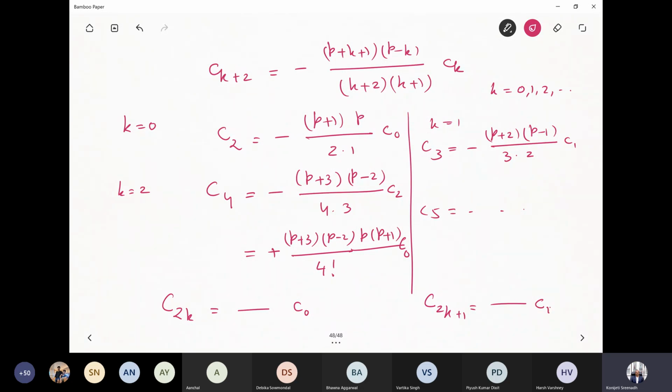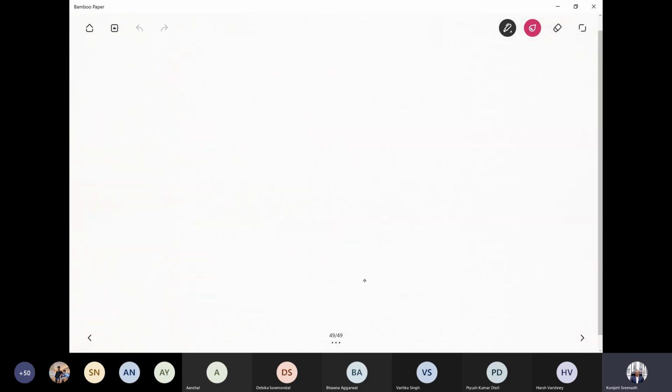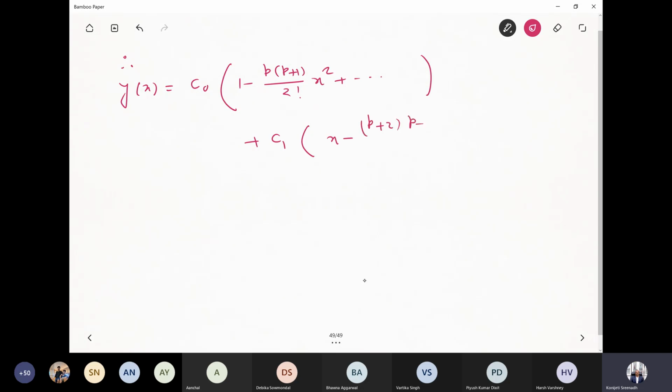So we can write these terms together to write a solution in this form. Therefore, y(x) becomes c_0 times (1 minus whatever we found there, plus 1 by factorial 2 times x squared, and like this, all the even terms you can write), plus c_1 times (x minus (p+2)(p-1) divided by factorial 3 times x cube).